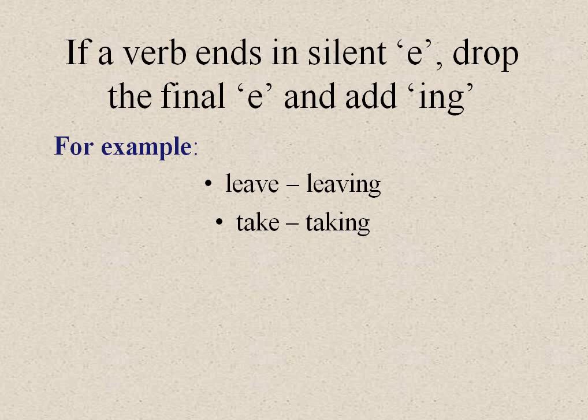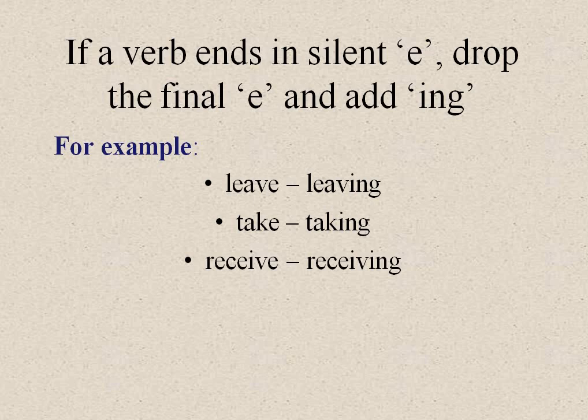The next verb is take. With this we add also ing to make it continuous, and this verb is pronounced as taking. So we have the third verb, which is receive, and in receive we shall have another verb formed by adding ing as receiving.